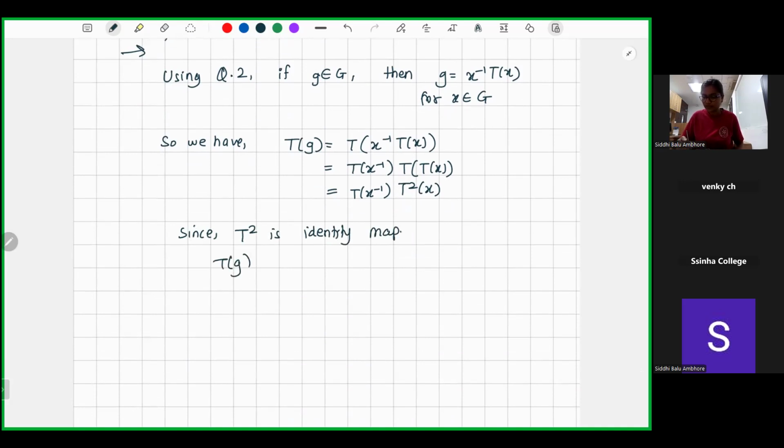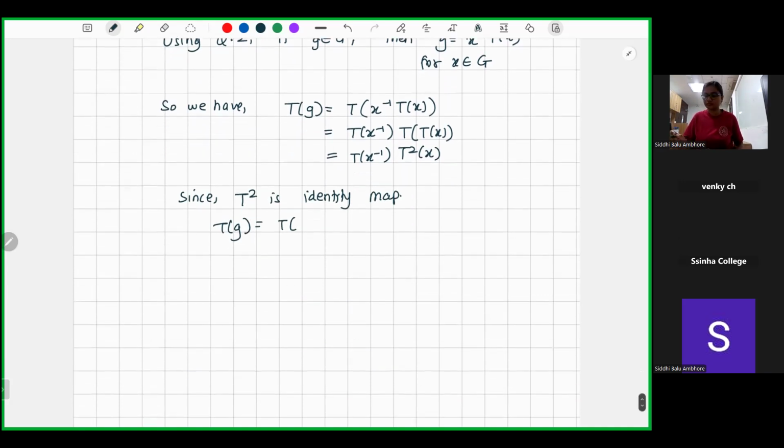So I get that T of g is T of x inverse x, because T square x is x. So this implies that T of g is T of x inverse x.